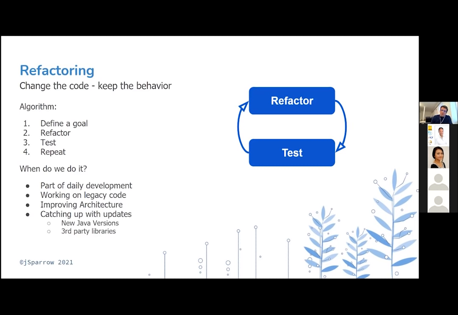Another question is why and when, or how often, do we have to do it? So refactoring is also part of the daily development work. You might have heard a quote about programming that software is never written, it is rewritten. So every time we implement something, we never stop at the first idea that we get.